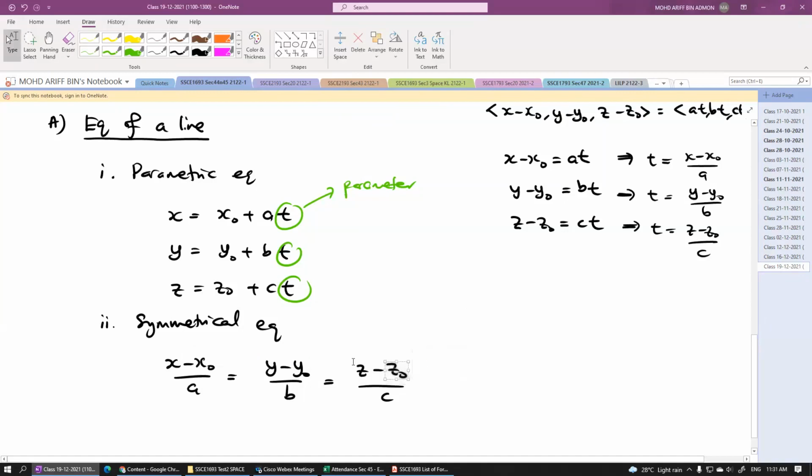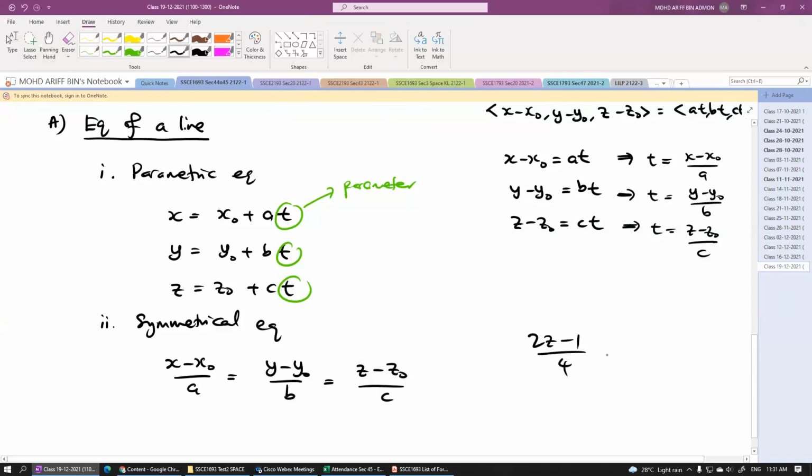If you have, for example, 2z minus 1, that is actually still not your z naught. You have to rearrange it into this general form. For example, 2z minus 1 divided by 4.